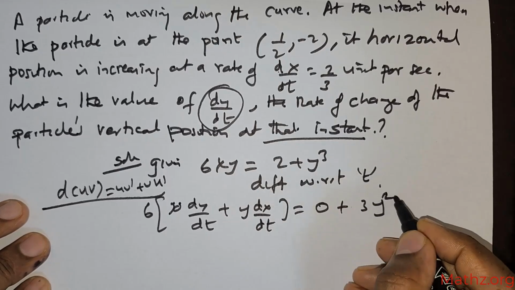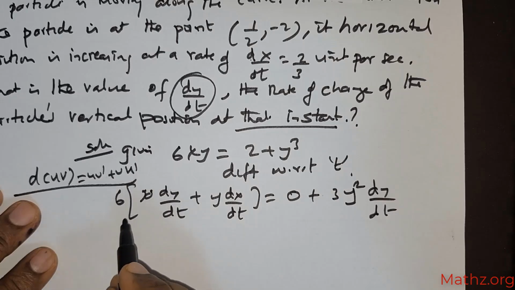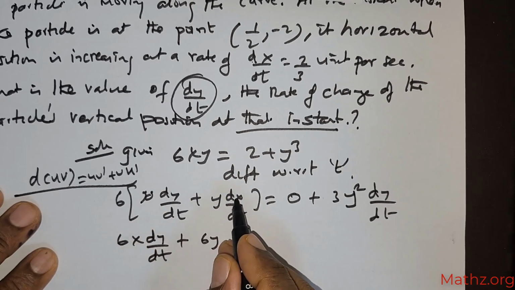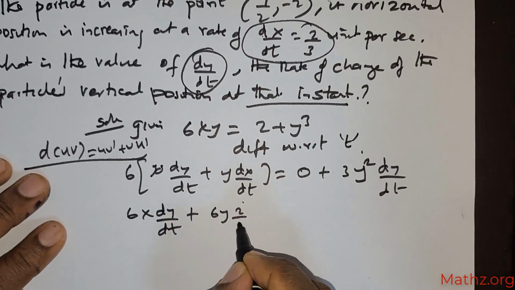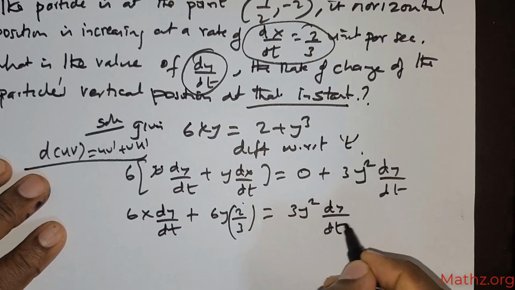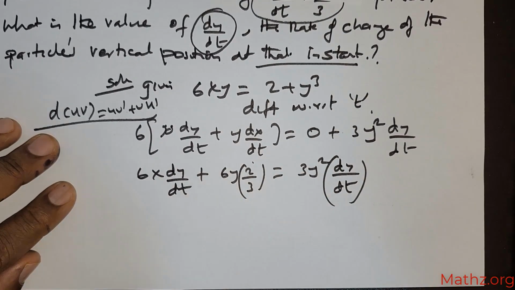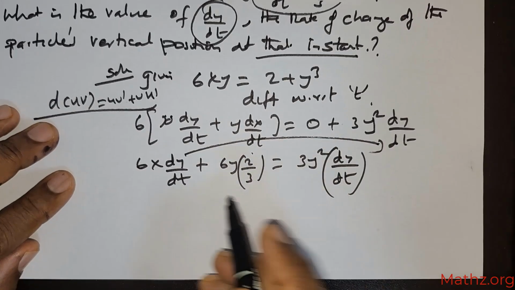positive 3 times y squared times dy/dt. Now this is going to be 6x dy/dt positive 6y dx/dt. dx/dt is this 2/3. So 2/3 is equal to 3 times y squared dy/dt. So extract dy/dt. So for that, what I wish to do is I would like to move this to the other side.